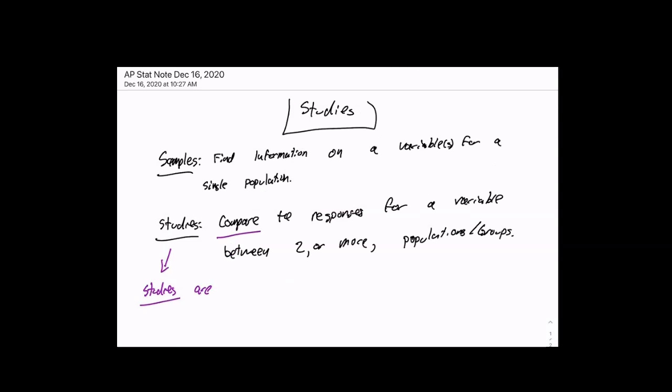I noticed right away. So studies. Studies are made from samples. All right.